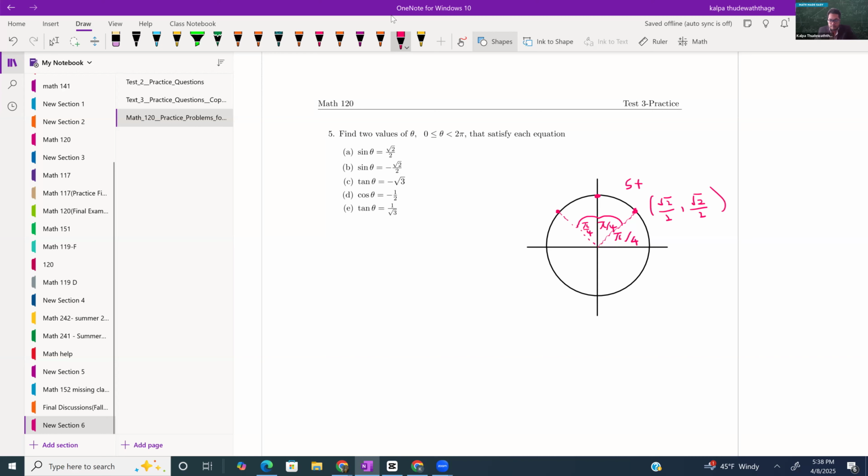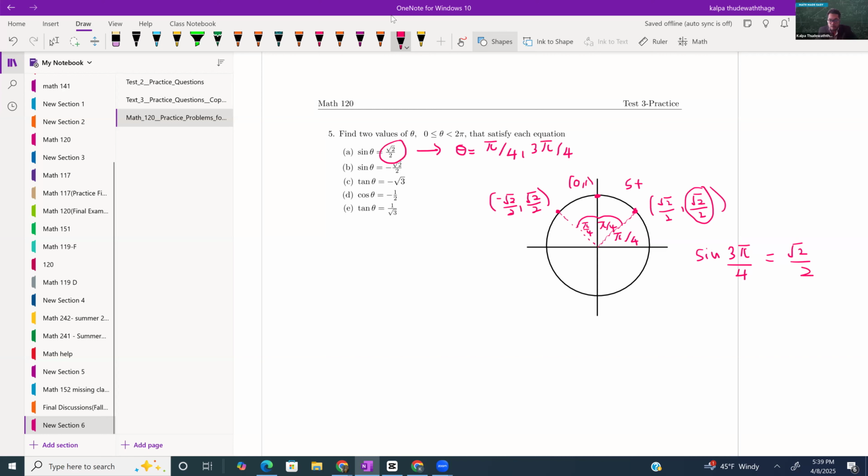This is 0, 1. Here your x coordinate is negative, but your y coordinate is positive. You see, sine 45 is √2/2. Sine 3pi/4, that means sine 135, is also √2/2. So there are two angles that give you the same value √2/2, which are pi/4 and 3pi/4.